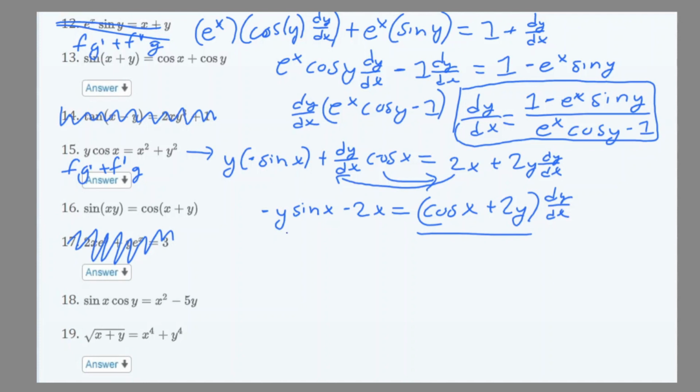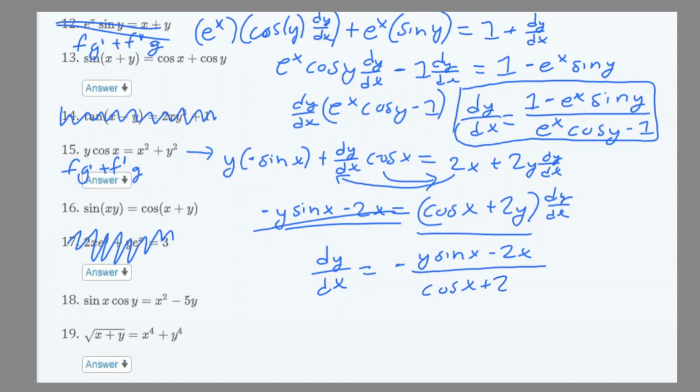And now if we divide by cosine x plus 2y on both sides, we would get our answer: dy dx is equal to negative y sine x minus 2x over cosine x plus 2y.